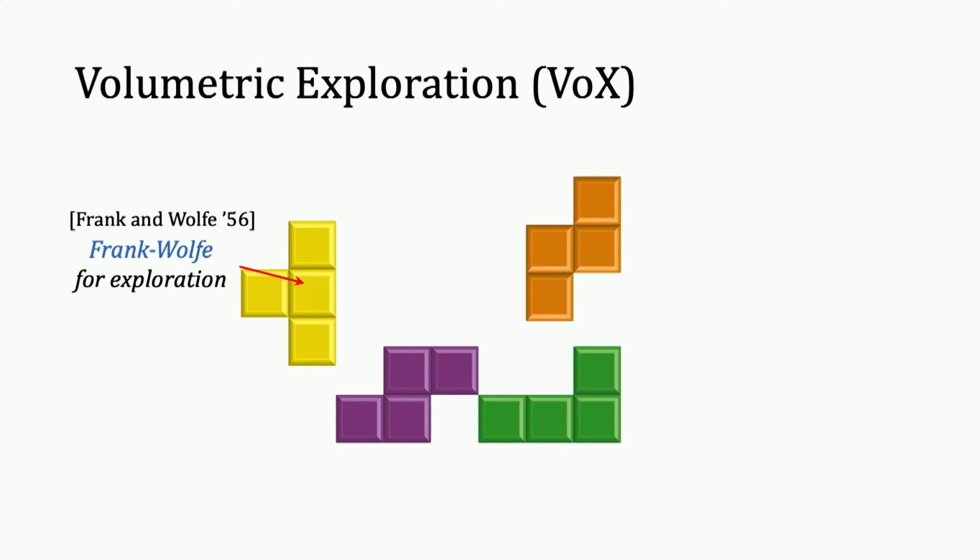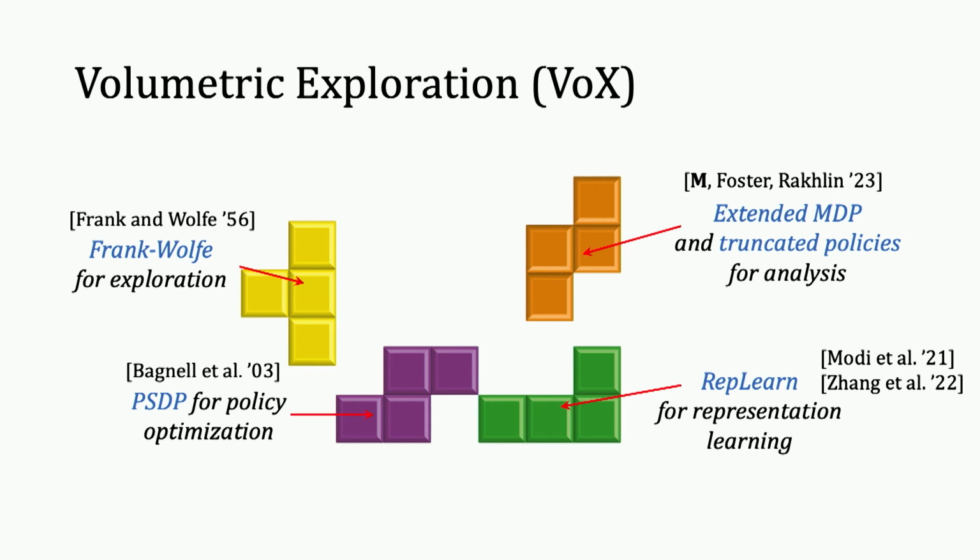Several things just came together well, and this is due really to Zach, who has been working on this. There is an efficient Frank-Wolfe method that's used for exploration, together with the policy search by dynamic programming from 2003 for policy optimization.